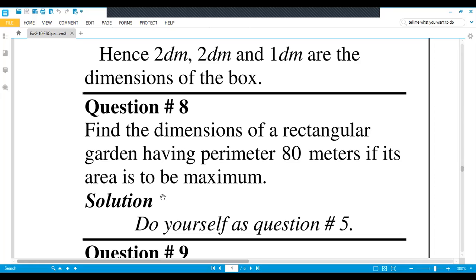Take the first derivative, then the second derivative. For the critical point you put the first derivative equal to 0. From there you find the value of x, put it in the equation from which you find the value of y, and then put it in the second derivative, so you will get the dimensions of the rectangle.